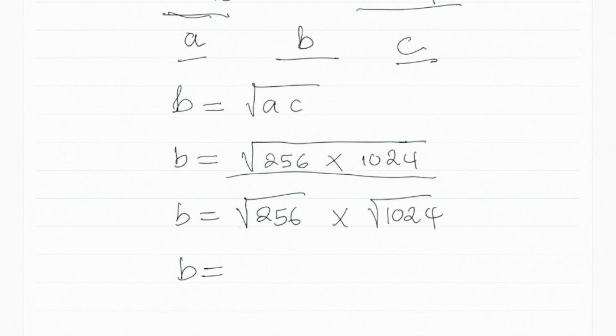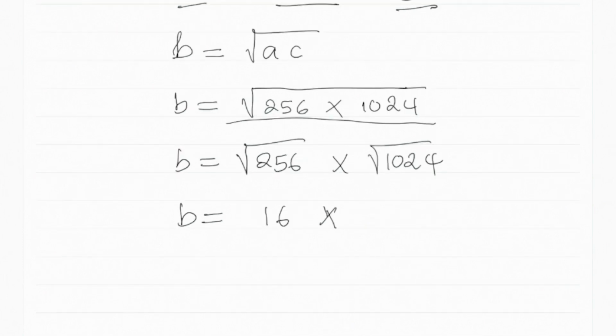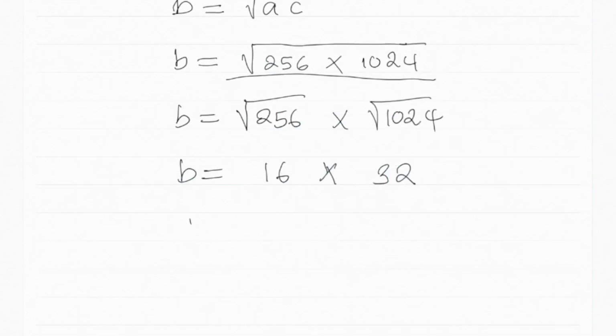Okay, so now, what's the square root of 256? In paper 2 you're allowed to use your calculator, so you don't need to stress much. You can use your calculator to find the square root of 256, and the square root of 256 gives me 16. We then go to the calculator again and find the square root of 1024. This is going to give me what? 32.